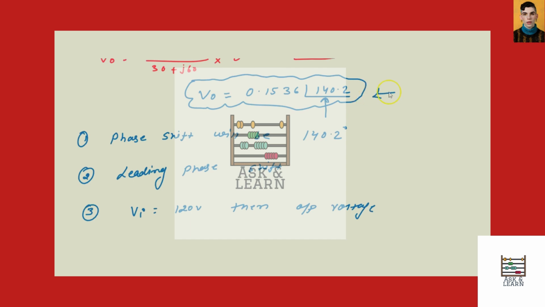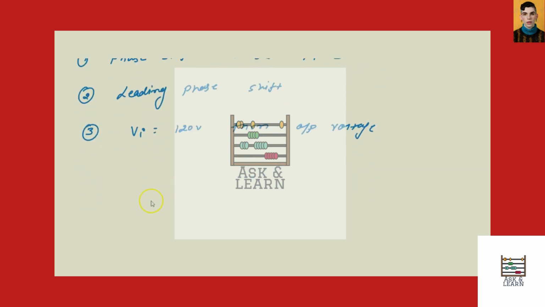Fine, our input will be unity, and if the input will be 120 volt, then we can simply multiply this value by 120, then the resultant output will be at the input of 120 volts. So 120 multiplied by previous output voltage, it is 0.1536 angle of 140.2 degree.